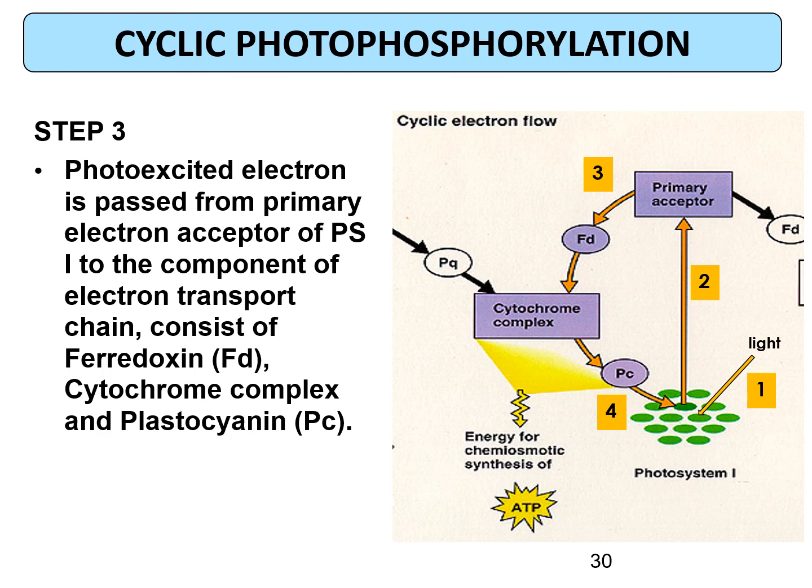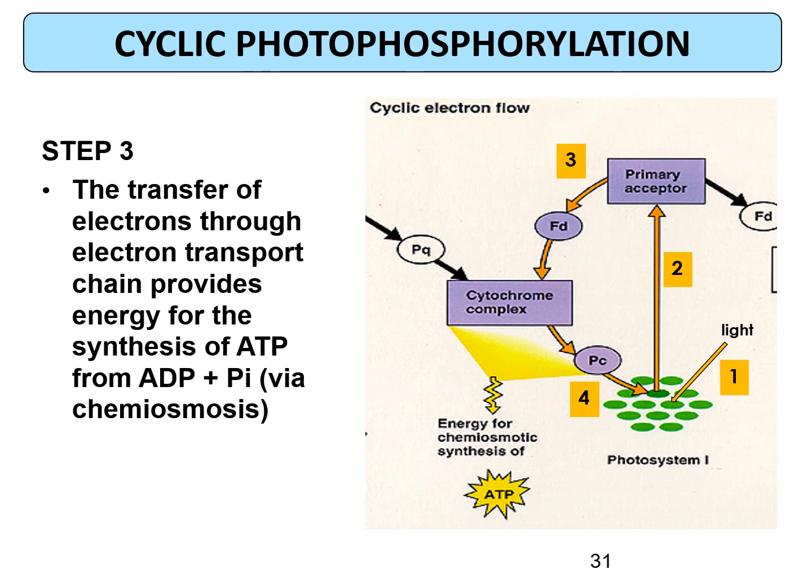So in cyclic there is ferredoxin, cytochrome complex and also PC, plastocyanin. This creates energy that helps in photophosphorylation.